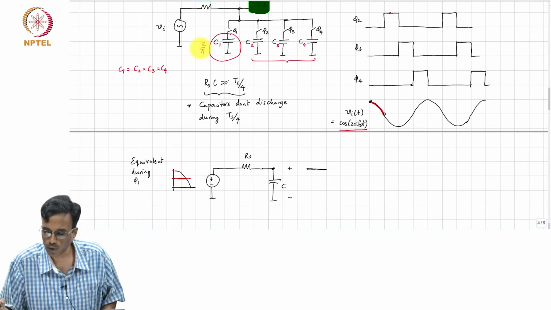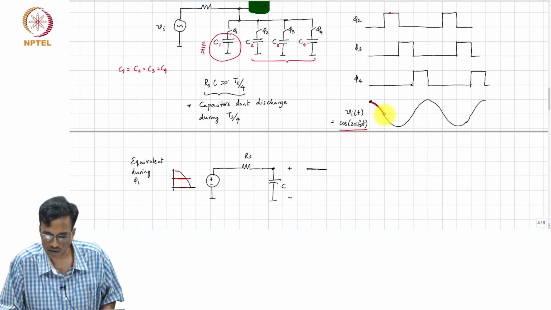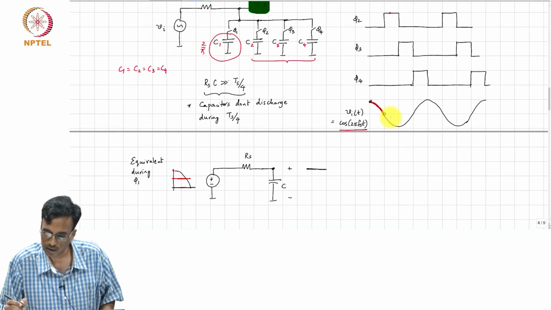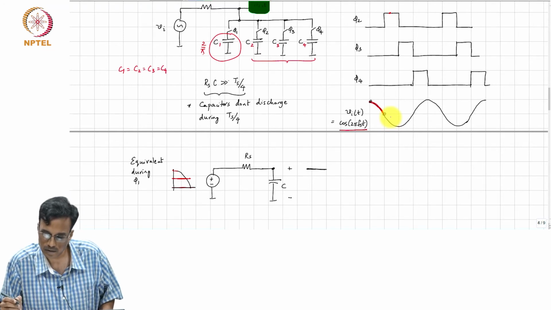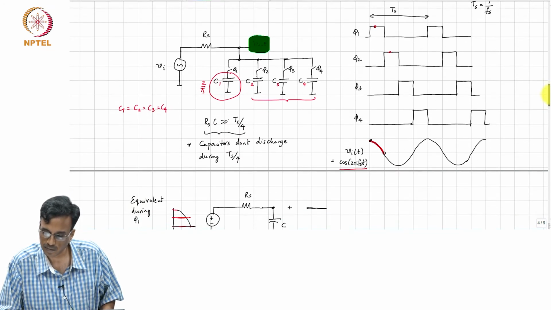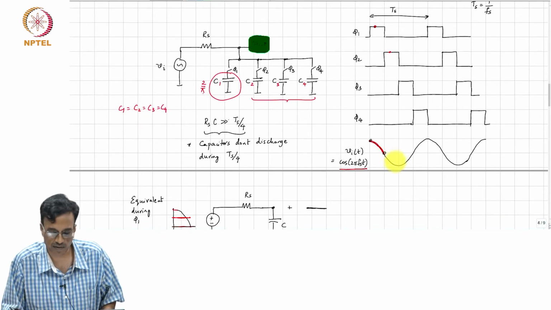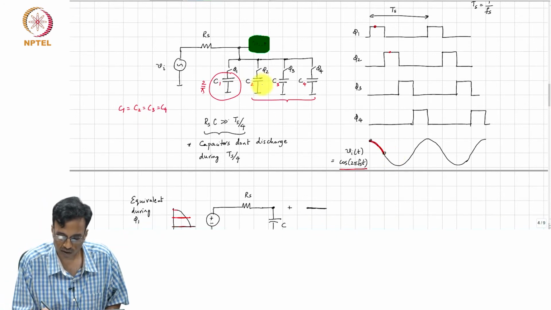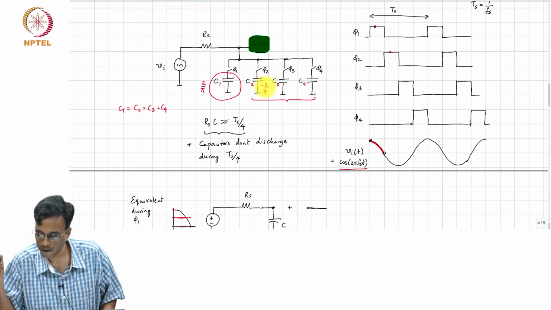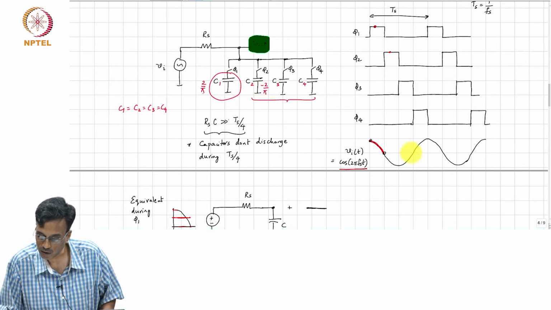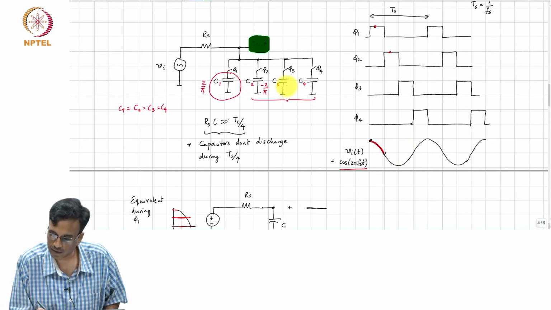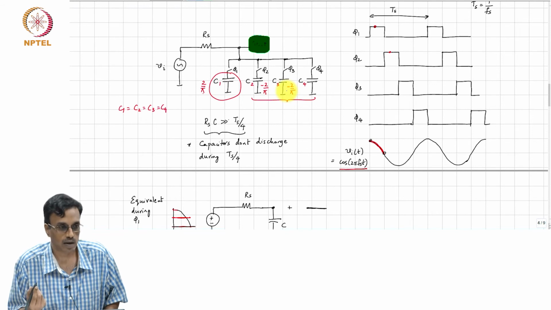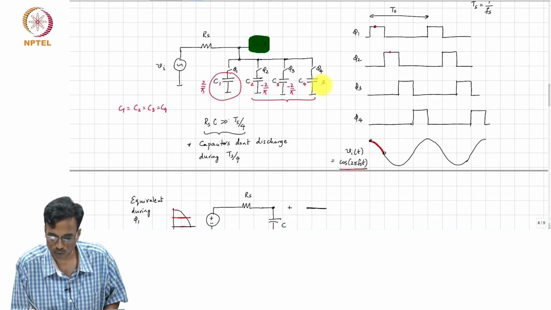Now, what comment can you make about the voltage stored on C2? It is minus 2/pi. Very good. That will be the next half cycle. So, the voltage stored on C2 will be minus 2/pi. What about C3? C3 will also be minus 2/pi, and C4 will be plus 2/pi.